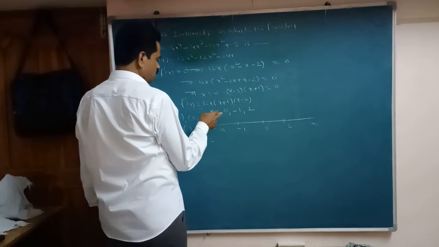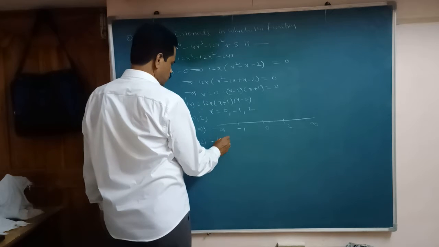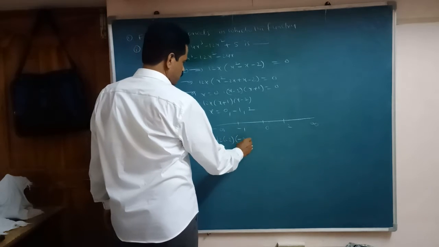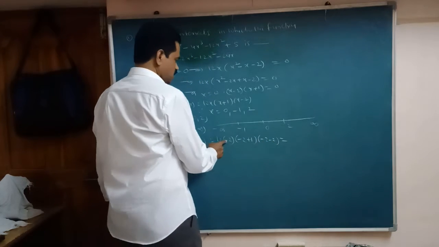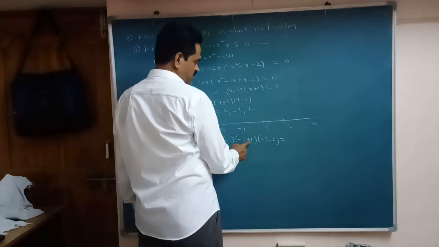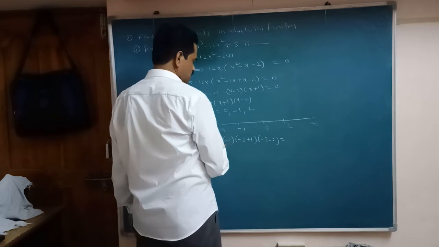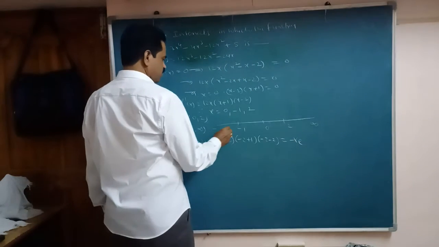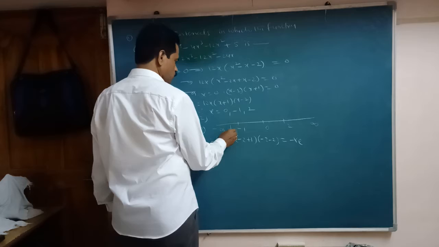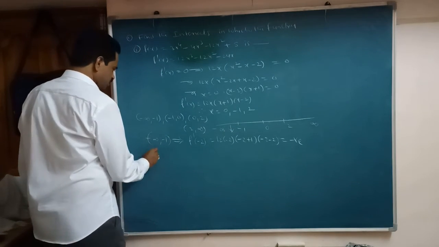So total is 12 into −2 into −1 into −4, negative. So it is decreasing.